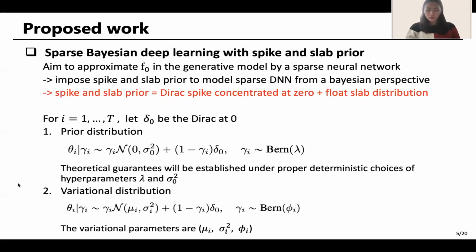This work distinguishes itself from prior works on Bayesian sparse neural networks by imposing the spike and slab prior with the Dirac spike function. Hence, automatically, all posterior samples are from exact sparse DNN models.